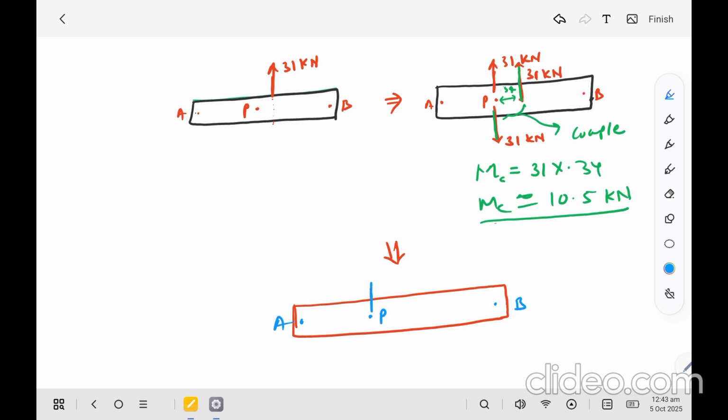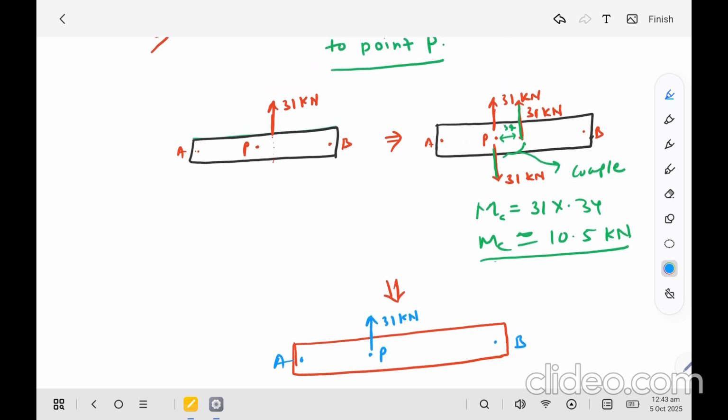The force is here, 31 kilonewton, and this couple has a tendency to rotate the body in this direction.